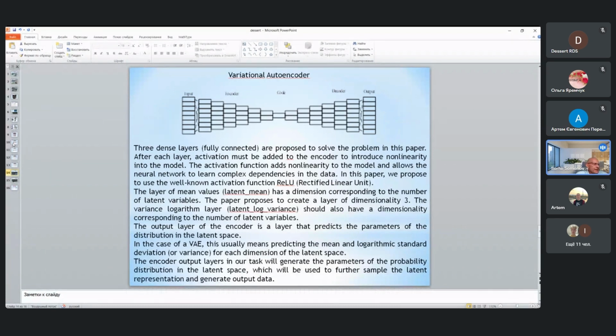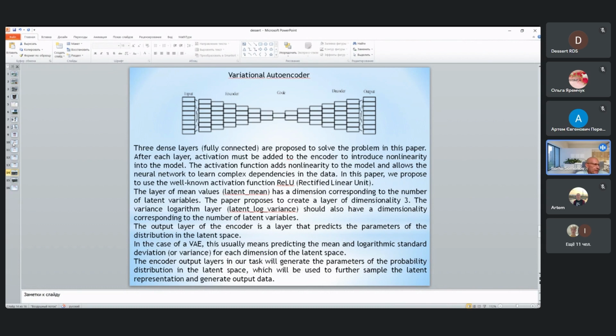Three dense layers are proposed to solve the problem in this paper. After each layer, activation must be added to the encoder to introduce nonlinearity into the model. The activation function adds nonlinearity to the model and allows the neural network to learn complex dependencies in the data.